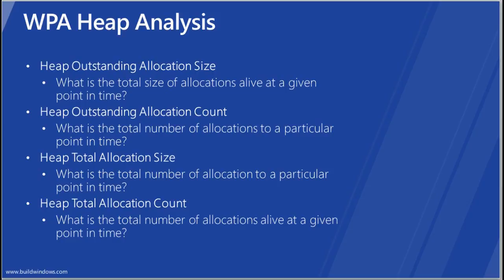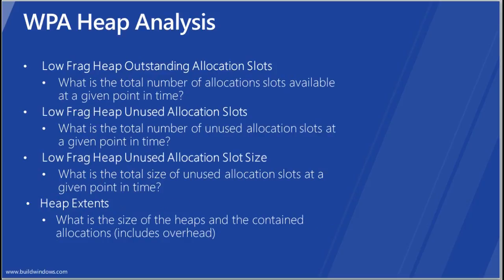There's actually 8 graphs, 2 graphs around outstanding allocation size and count, 2 graphs around total allocation size and count, and then we also have 3 graphs that give you more details about low fragmentation heap behavior, one that shows you the total number of outstanding allocation slots, so in other words, the number of subsegments we have times the size of those subsegments, the number of unused slots within those subsegments by count, and then the number of unused slots within those subsegments by size.